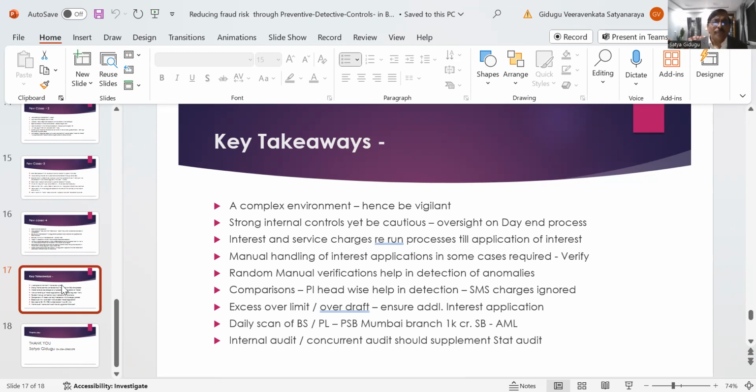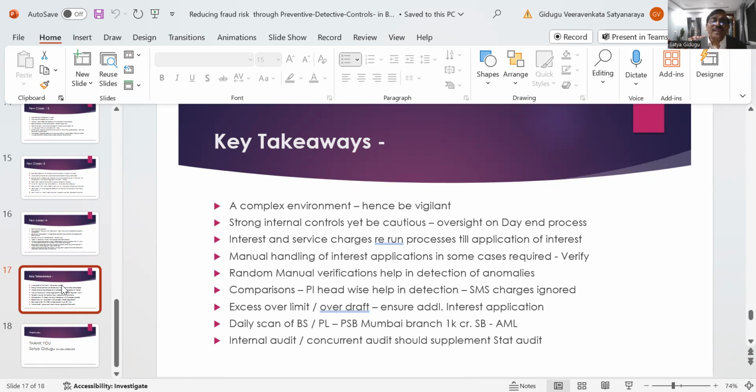Whatever the incidents happened recently with Bank of Baroda, they are small incidents. Only a building, BC has done a 7 lakh, it's a 10 trillion bank, 7 lakh rupee fraud and all, nothing. That fraud were also disclosed by the internal auditors and all. Okay. So, but I am telling you, manual handling, random manual verifications, even interest applications you do randomly.